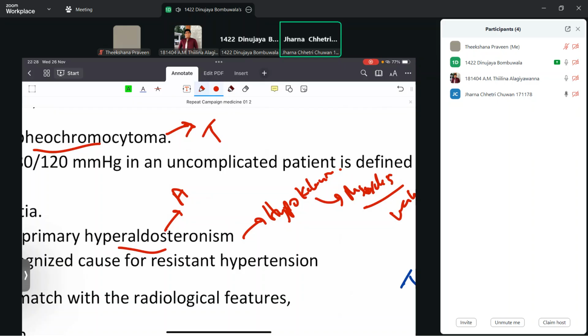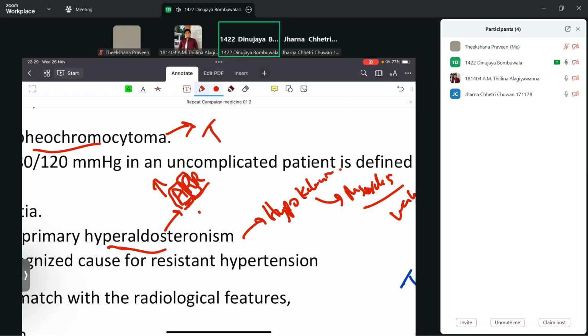Not potassium. We do the ARR levels, the aldosterone renin ratio. Usually aldosterone increases when renin increases. First renin increases and then it causes an increase of aldosterone. But in primary hyperaldosteronism, there will be an increase of aldosterone without an increase of renin.